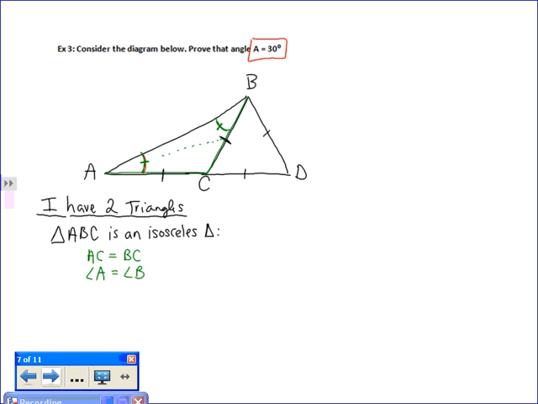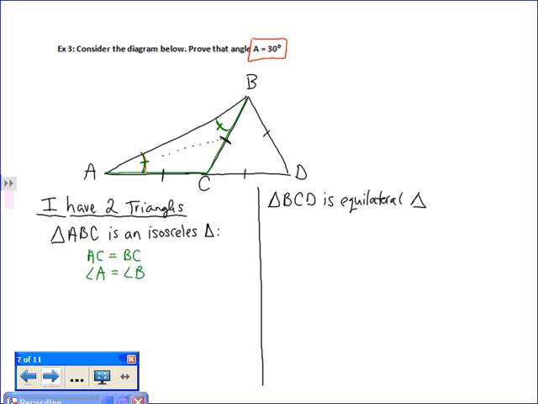Let's come along over here and have a look now at our other triangle. So we'll split this into 2 parts. The other triangle I have is triangle BCD, and this triangle is an equilateral triangle. How do I know it's equilateral?